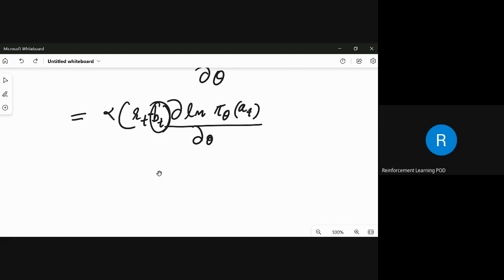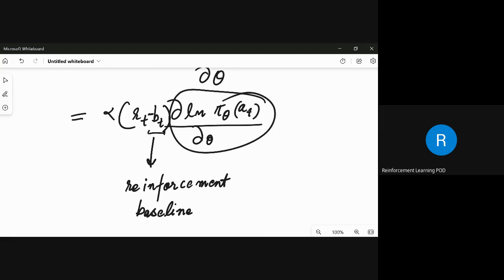Now some terminology. This is called reinforcement baseline. And this is called characteristic eligibility.